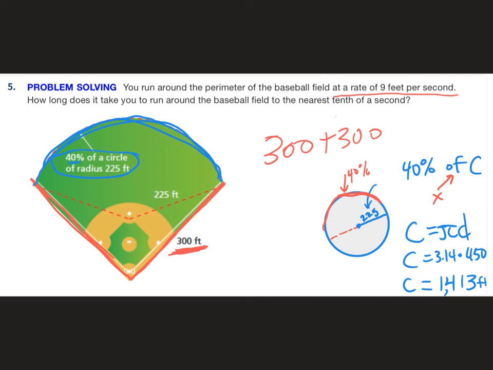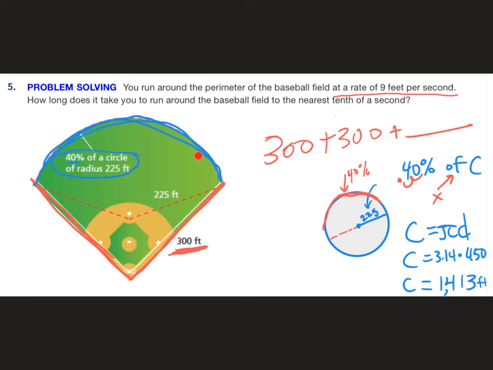Well, how do I write 40% as a decimal? I move my decimal place 2 places. That'd be 0.40 or 0.4 times 1413, and I get an answer. And that answer you will get by yourself, and you will add that answer to this, which is the total feet around, right?